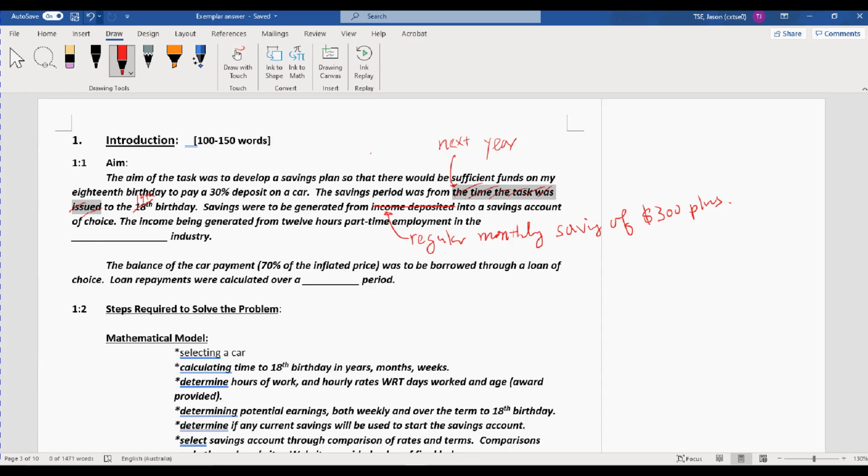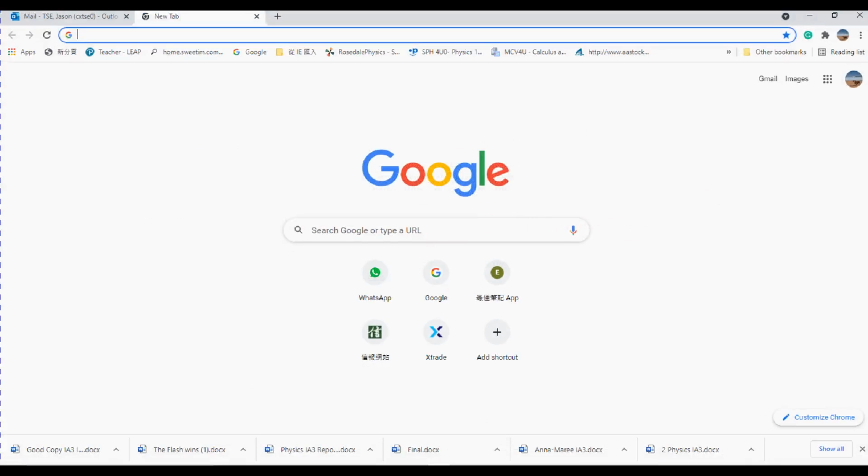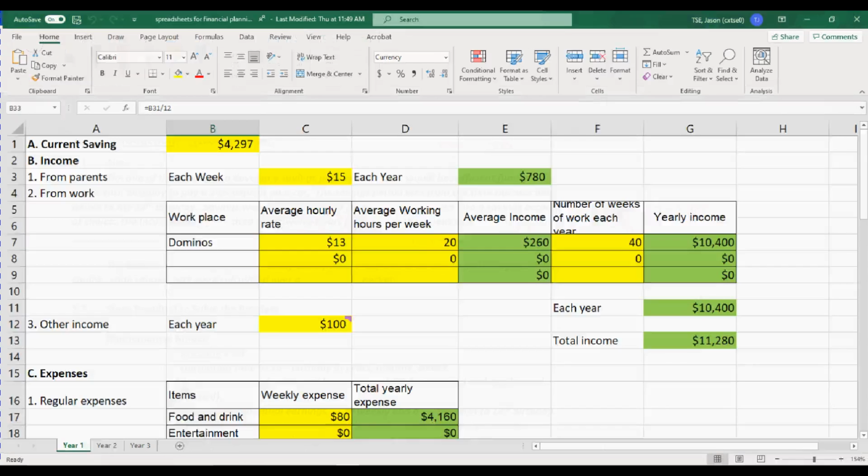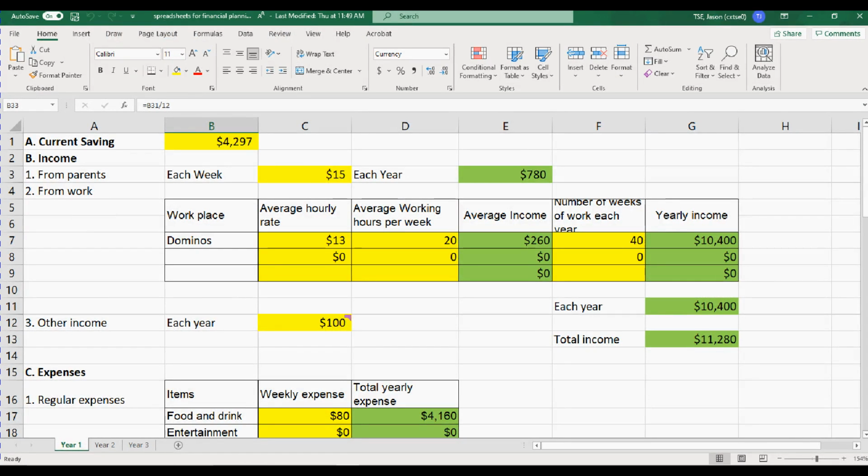The income being generated from 12-hour part-time work. This 12-hour part-time work might be different for each one of you, so you need to check how many hours your part-time employment is. You might go back to the spreadsheet. First of all, there are different incomes: from parents, from work, or from other income.